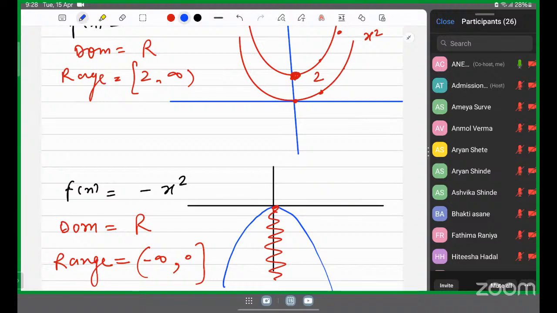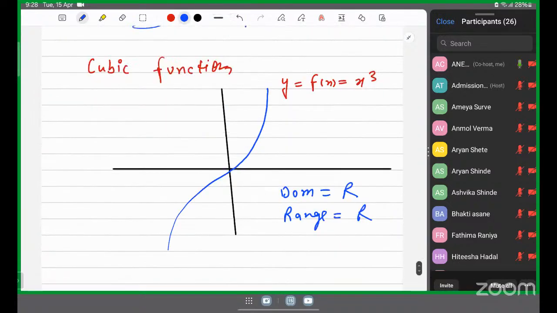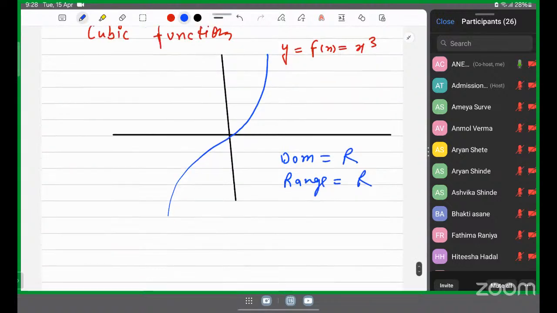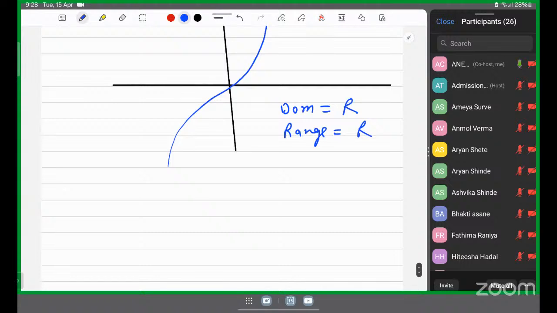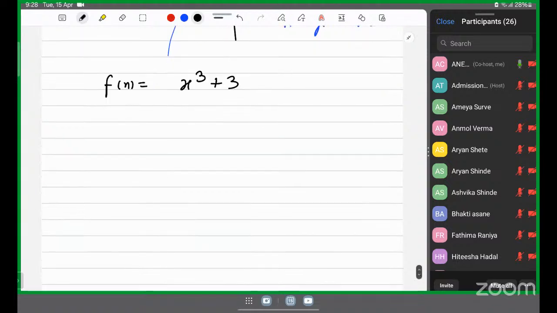Now the question is, if I add some constant value in x cube, will it change its range? For example, let's say I give you a function which is x cube plus 3. I am interested in its domain and range.